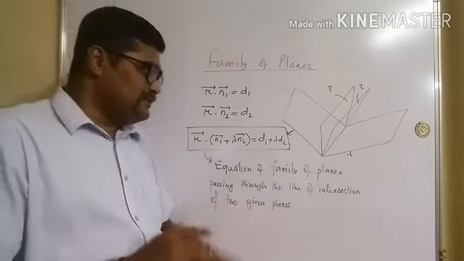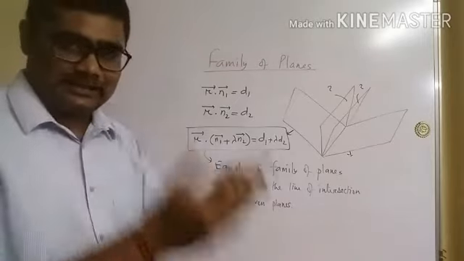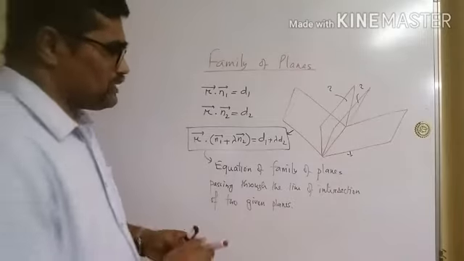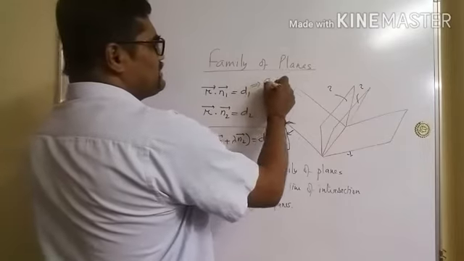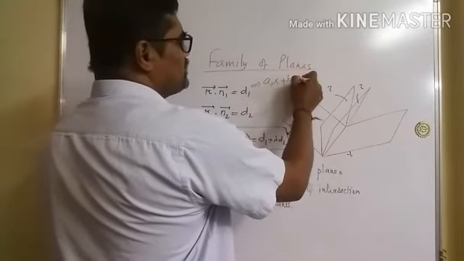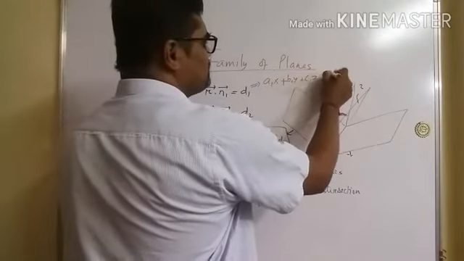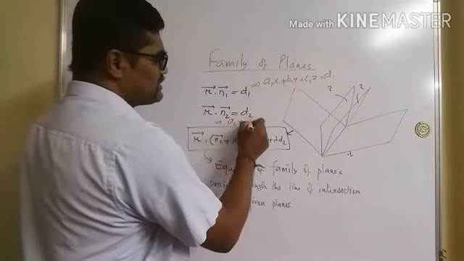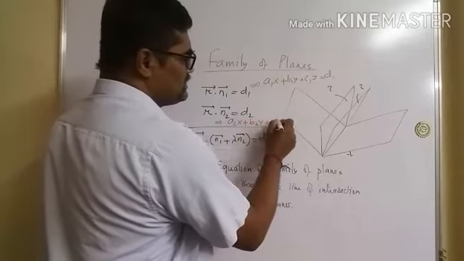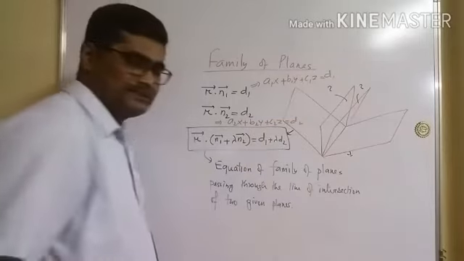Next, if I would like to convert this into Cartesian, how will you do it, right? So again, the first plane I will consider as a1x plus b1y plus c1z equal to d1. The second one in Cartesian I will consider as a2x plus b2y plus c2z equal to d2, right?